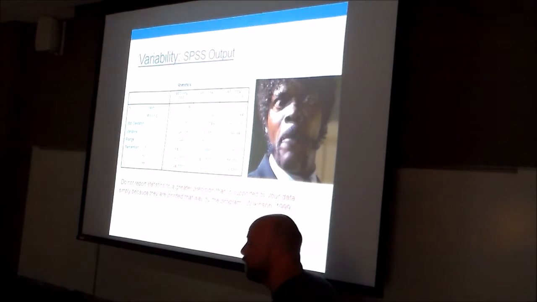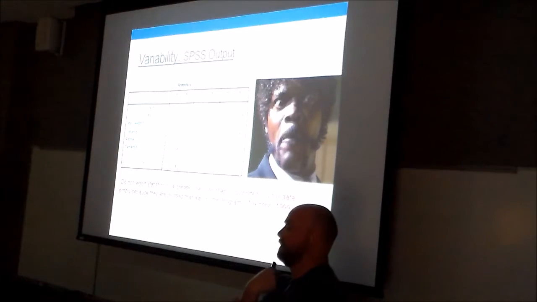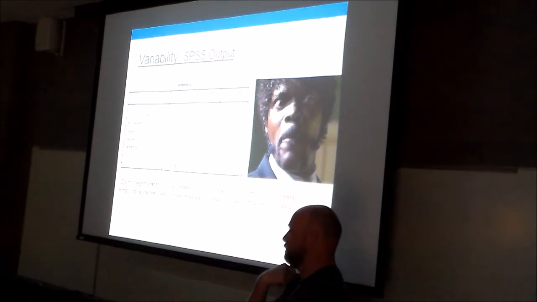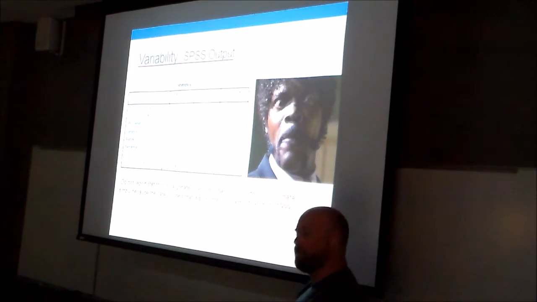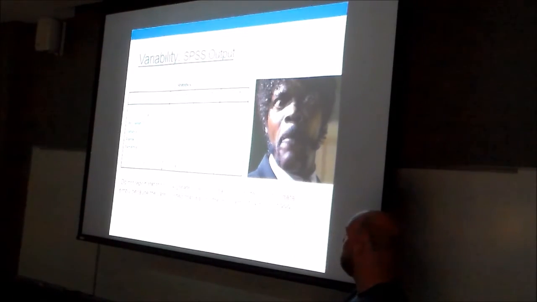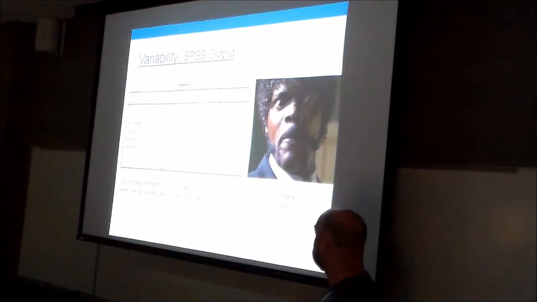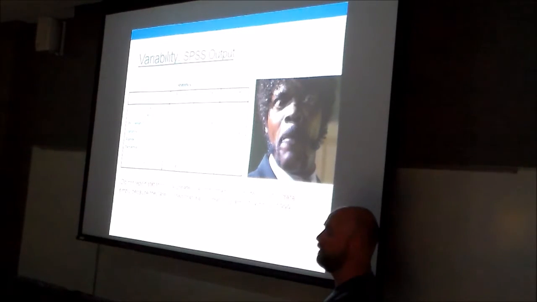All right. One thing, don't report statistics to greater precision than supported by your data simply because they're printed that way in the program. What are we talking about here? What do you think, Sam? Possibility for error. Yeah, possibility for error. Depending on how you have your variables set up in SPSS, it may run measures out to 4 decimals, like we do here, right?